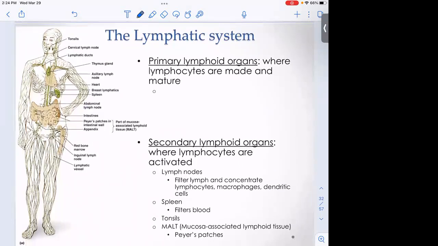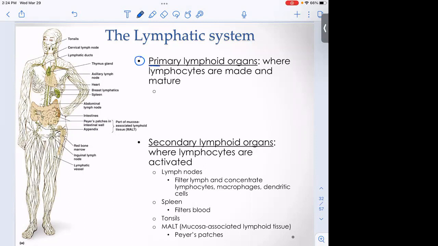I actually never had an anatomy class, so if I say something ridiculous, just let me know. But we want to think about where these reactions are taking place and the important aspects of our lymphatic system.